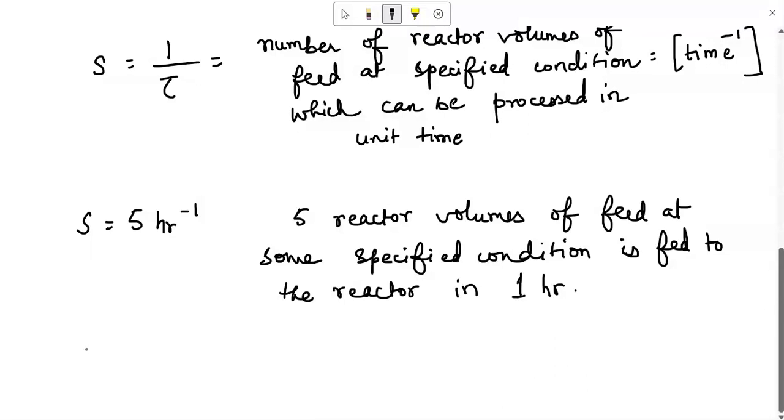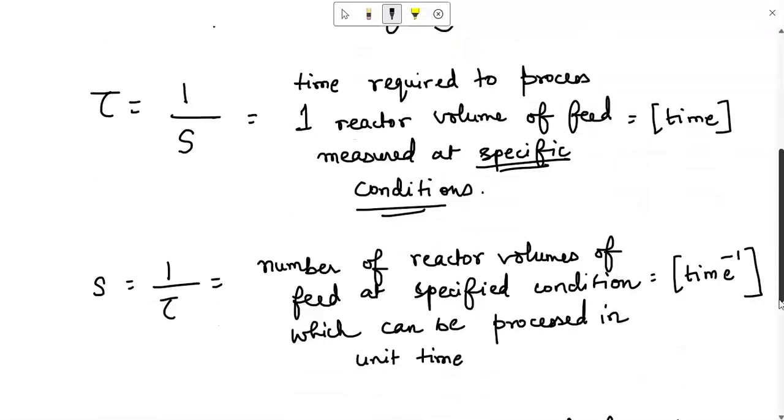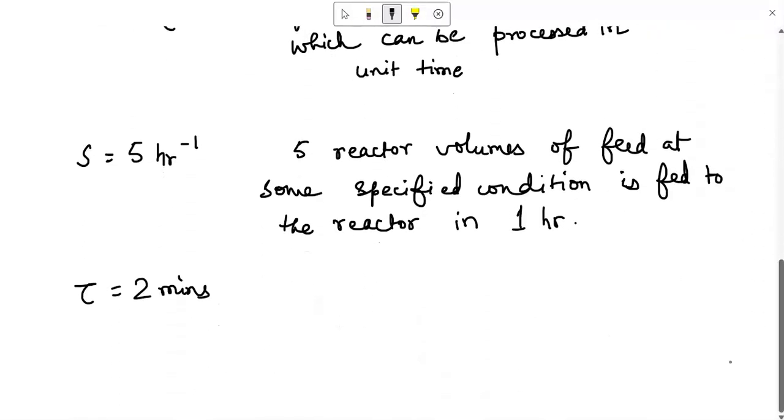Now if you have a tau of 2 minutes, what does that mean? Again, here I will request you to pause the video and test it for yourself from the definition of tau or space time, as I have discussed over here, what a tau of 2 minutes actually means. So hoping that you have tested yourself, let's now see what tau actually signifies.